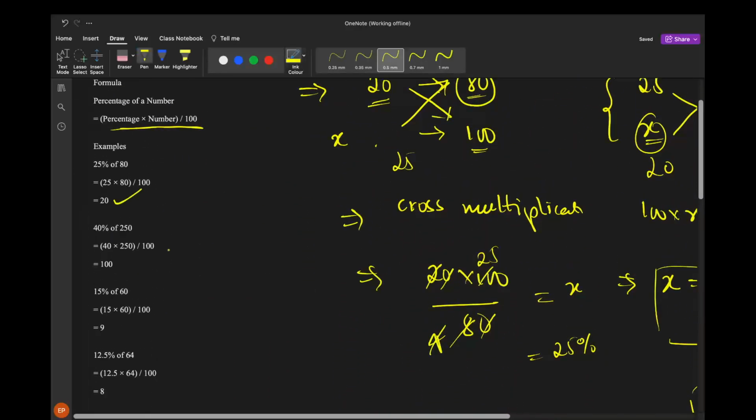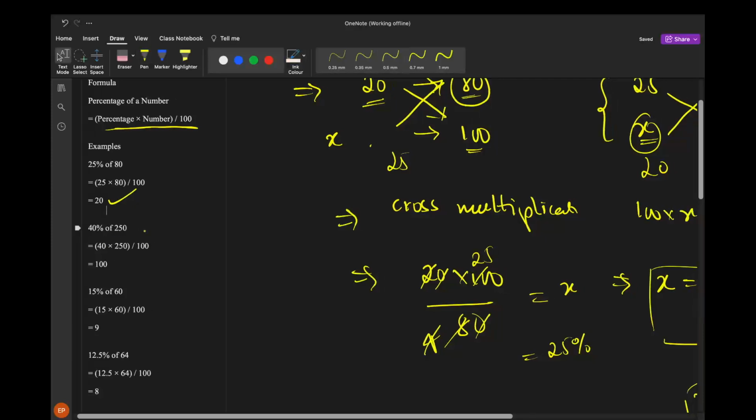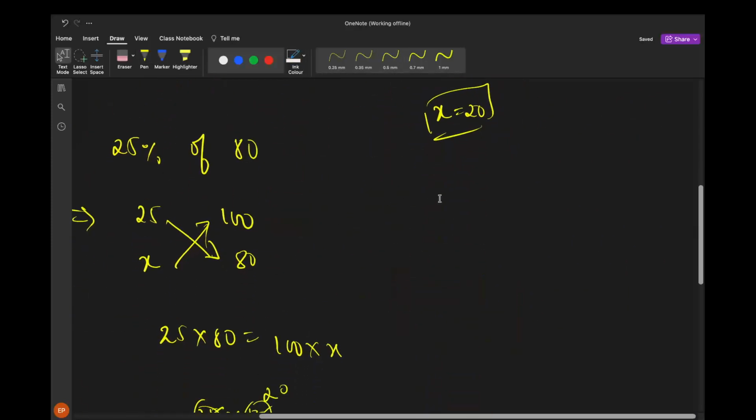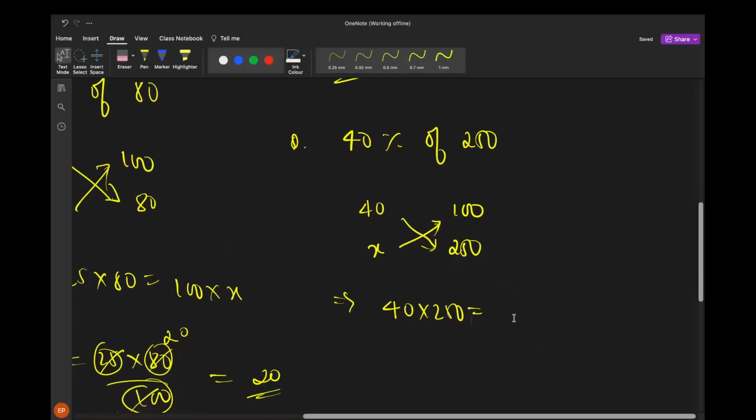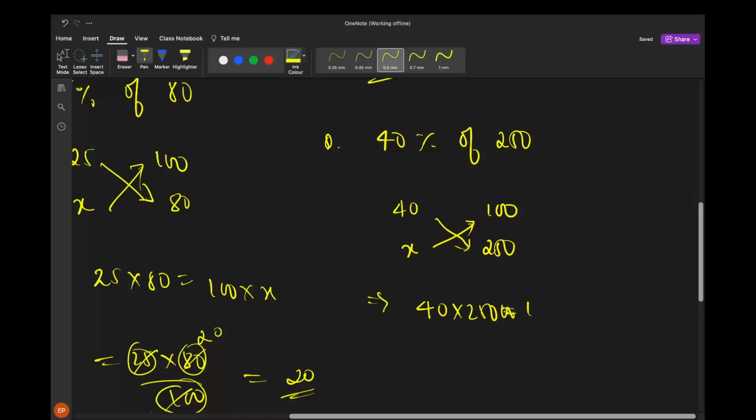Next, 40% of 250. 40% of 250 means they are getting 40 for 100. For 250, how much will they get? Cross multiply and equate: 40 into 250 must be equal to 100 into x.